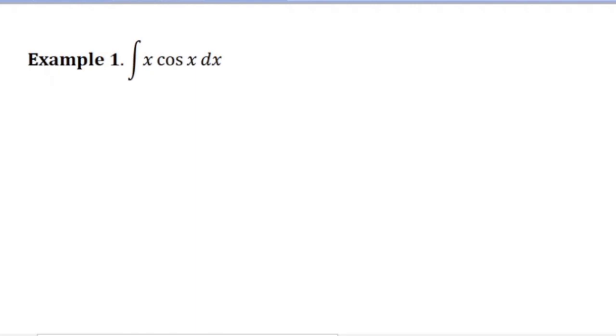So, makikita natin dito that we have the algebraic function here and we have the trigonometric here. So, ang gagawin natin is to let the other part, so kasi if we are going to recall the formula for integration by parts, we have the integral of u dv is equal to uv minus the integral of v du.